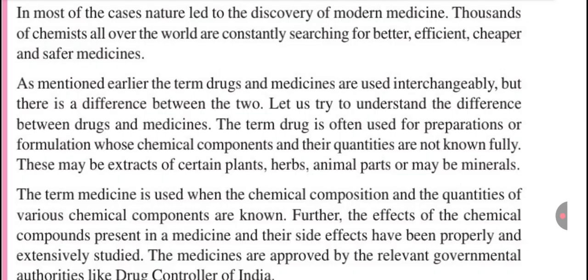As mentioned earlier, the terms drugs and medicines are used interchangeably, but there is a difference between the two. Let us try to understand the difference between drugs and medicines. The term drug is often used for preparations or formulations whose chemical components and their quantities are not fully known. These may be extracted from certain plants, herbs, animal parts, or maybe minerals.